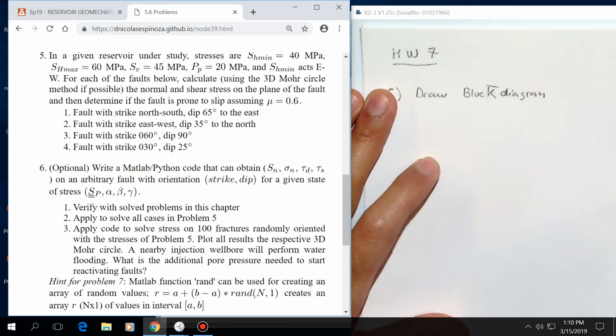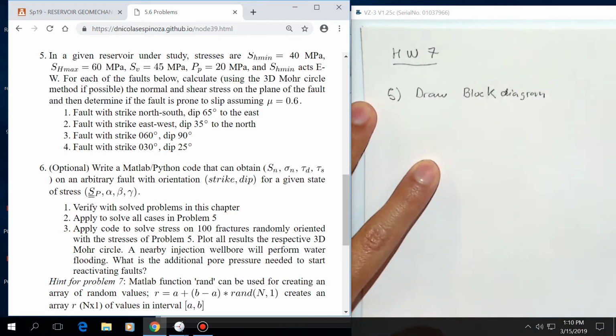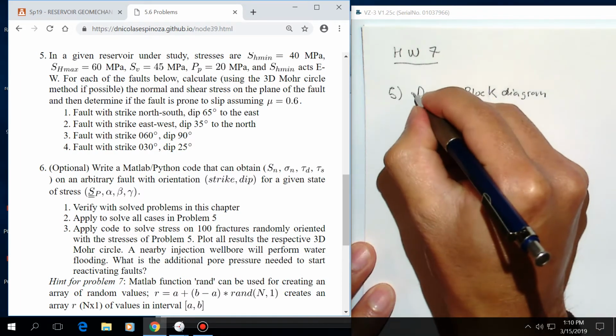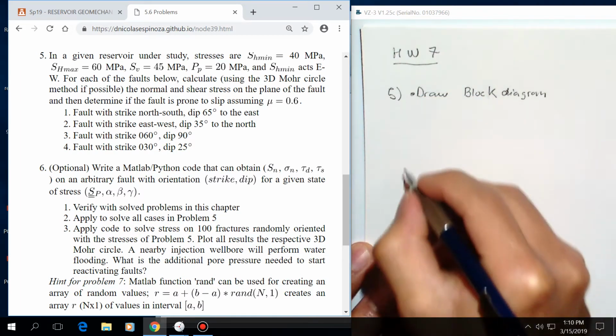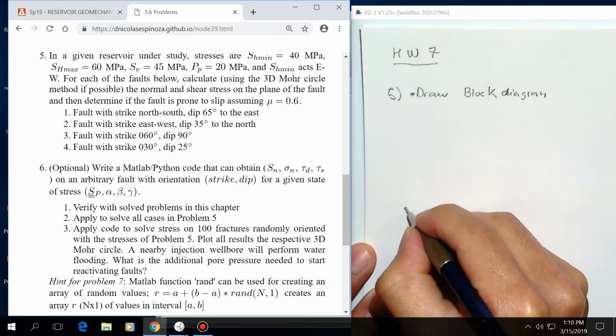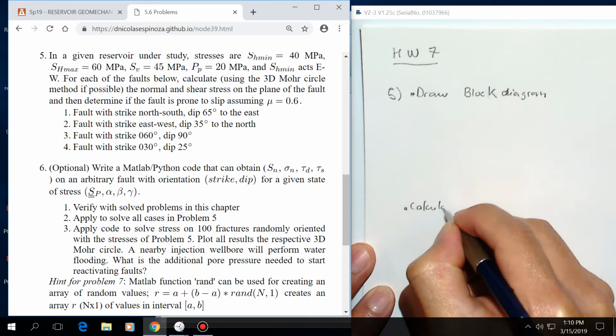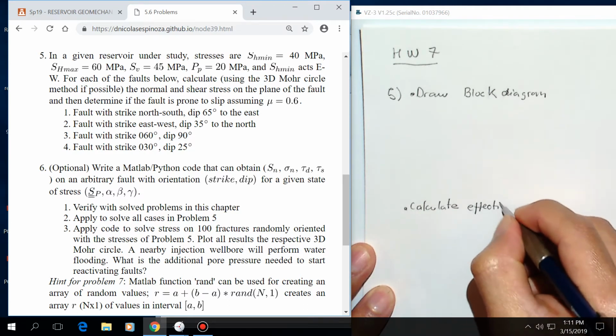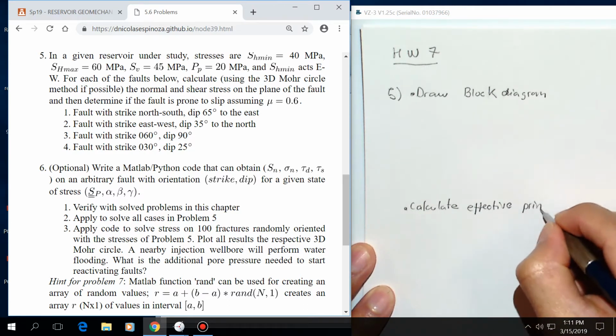And I'm going to ask you one more thing. After you draw the block diagram, please go ahead and calculate the effective principal stresses.